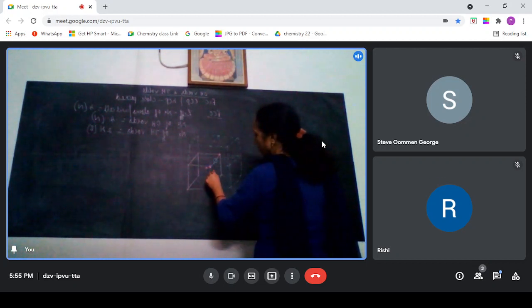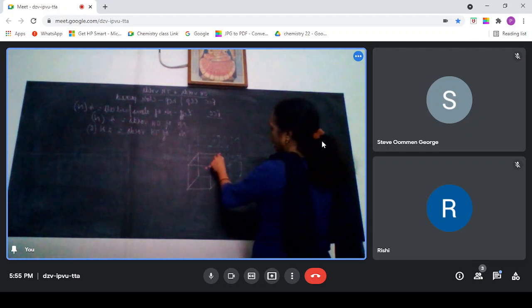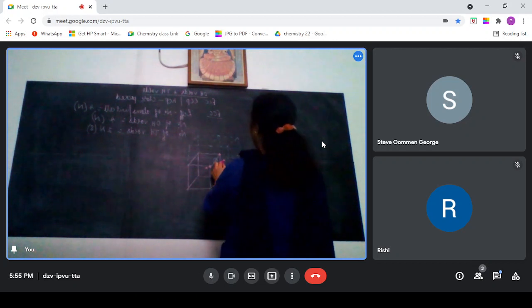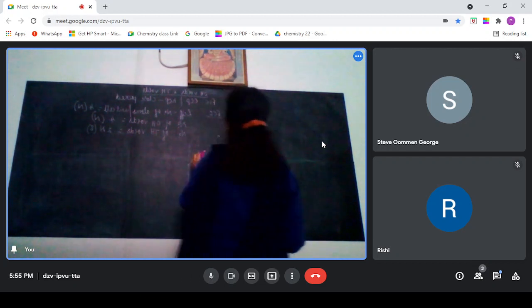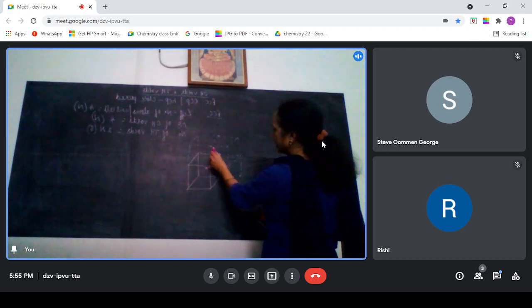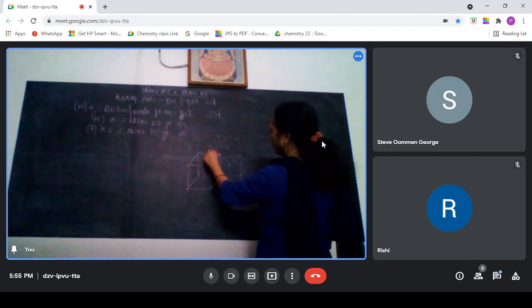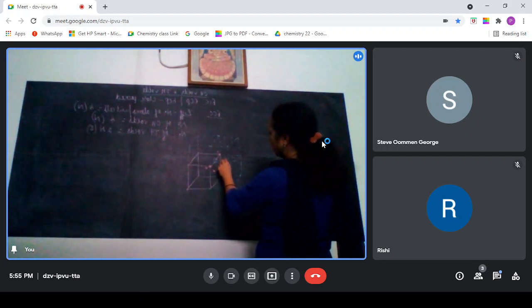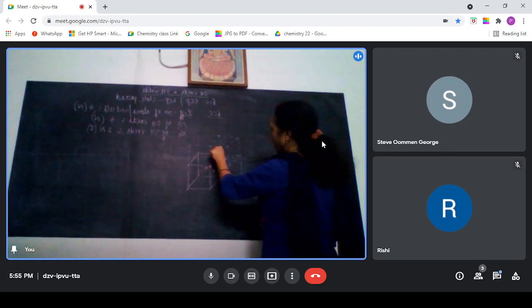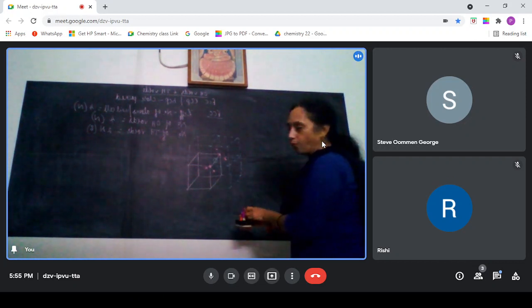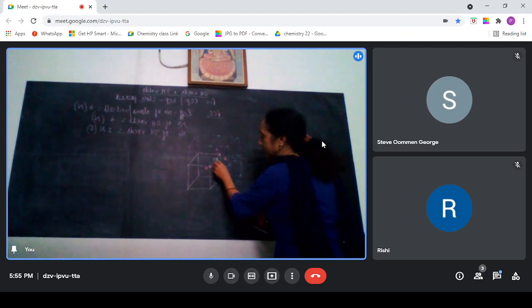So, you will have like this, and you will have one face-centered particle for this and another face-centered particle of this face, 2 adjacent faces, and you will have like this. So, you will create an octahedral void at every edge center.